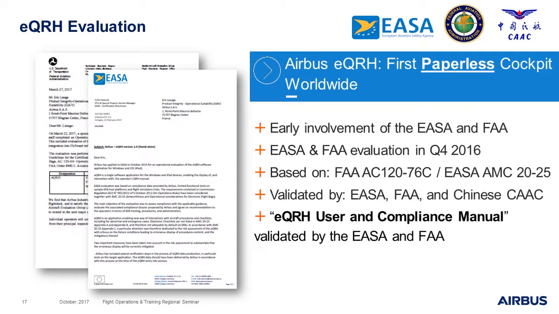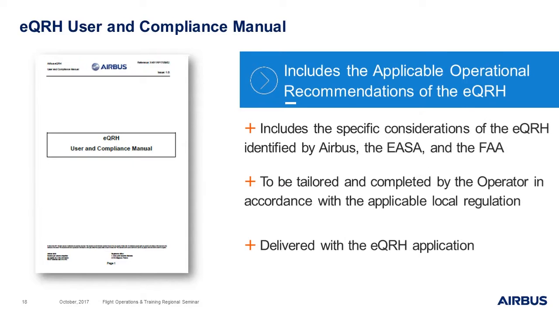These letters provide the status of satisfaction of the authorities and give reference to the applicable eQRH user and compliance manual. This manual includes the operational assumptions and recommendations that were identified either by Airbus or the aviation authorities to enable a safe and efficient operation of the eQRH.